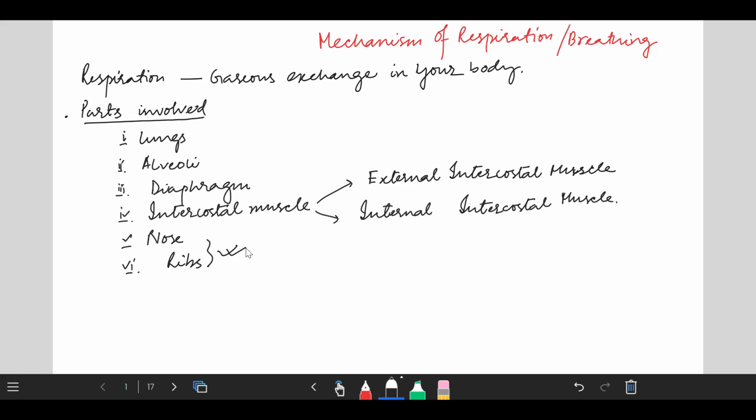Now, what is the objective of this respiration process, or what is the primary goal? First objective is the distribution of air and blood flow for gaseous exchange in our body.